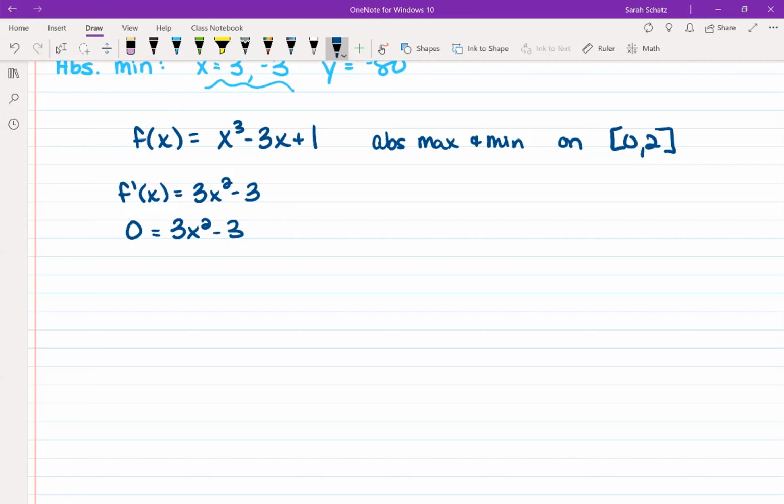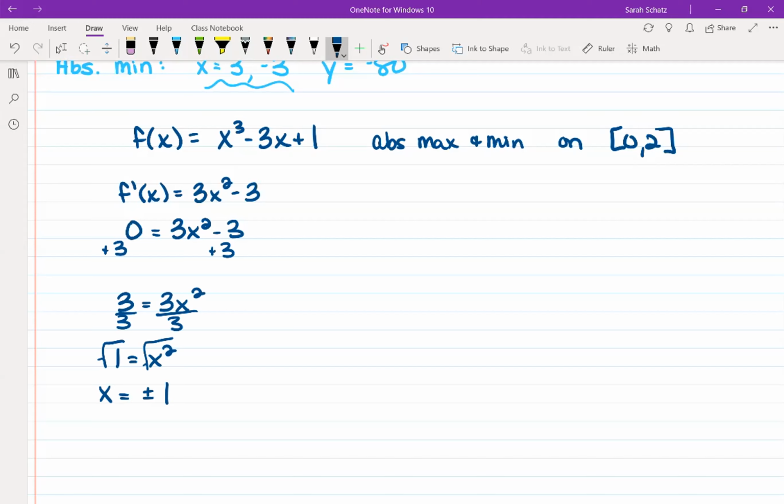So the factoring is going to be more simple here. So I'm going to add 3 on both sides and get 3 equals 3x squared. And we're just going to isolate the x squared term. So let's divide both by 3. And so I'll get 1 equals x squared. Be careful here, because when you do square root both sides, you're going to get x equals plus or minus 1.